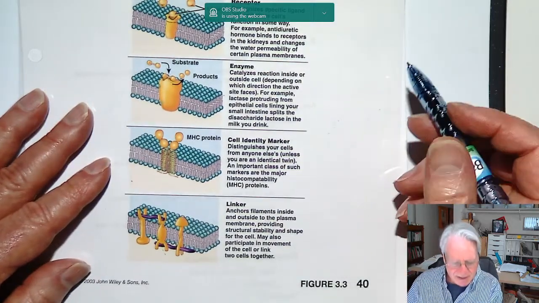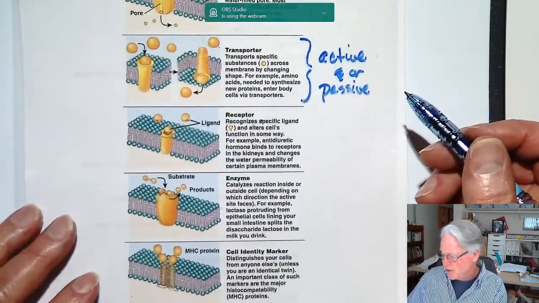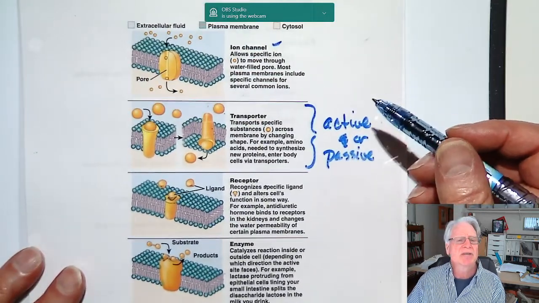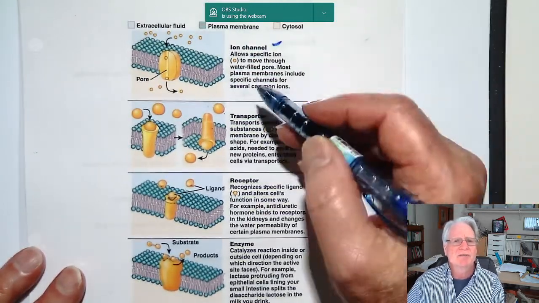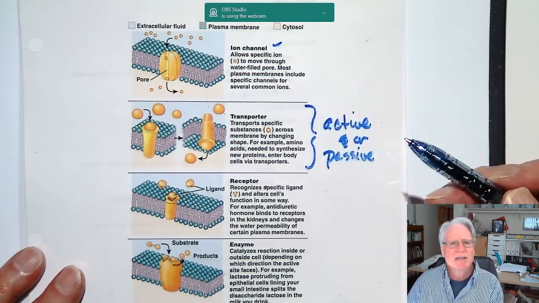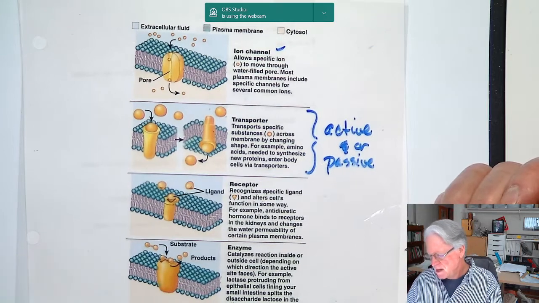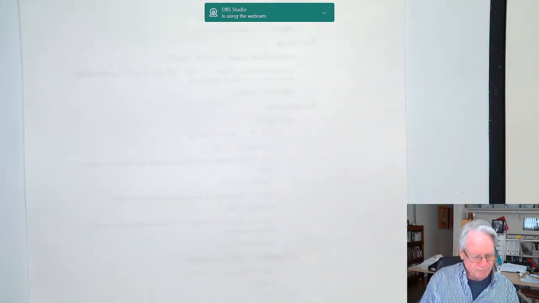So those are the basic categories in which these proteins will fall under. And of course, within each category, we can have many variations. So there are many variations of ion channels, many variations of transporter molecules or proteins, okay? So let's go ahead and begin that process.